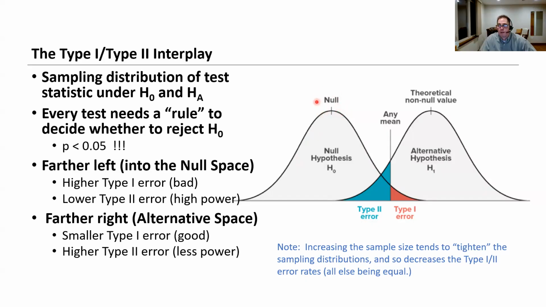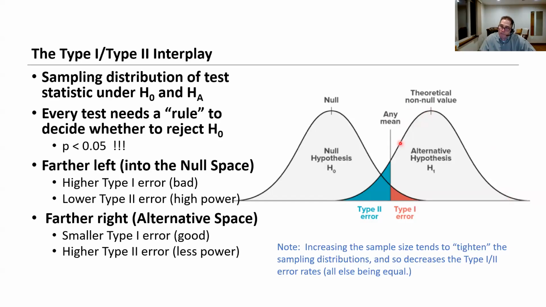Then over here, I have an alternative distribution. Under the alternative hypothesis, my test statistic should look like this. It's going to be normal because of the central limit theorem. And then at some point, I need a rule, right?